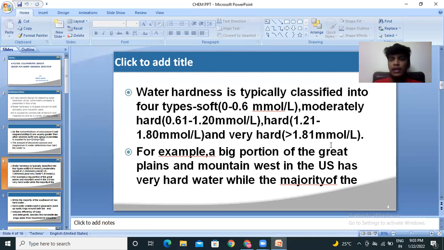So typically the water hardness is classified into four types, as we have seen: soft, moderately hard, hard and very hard.